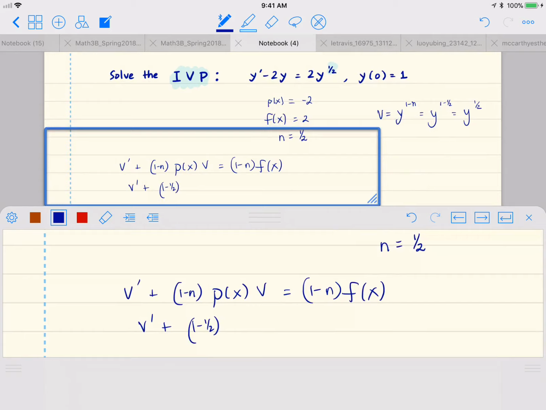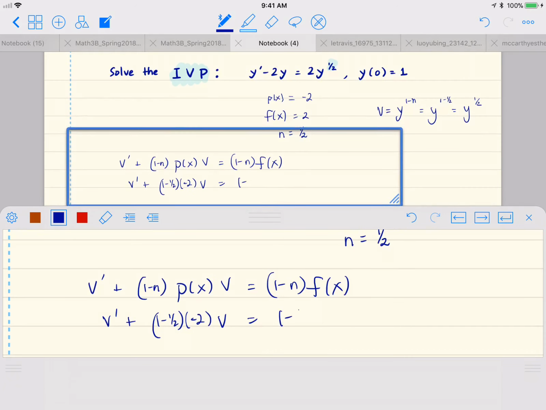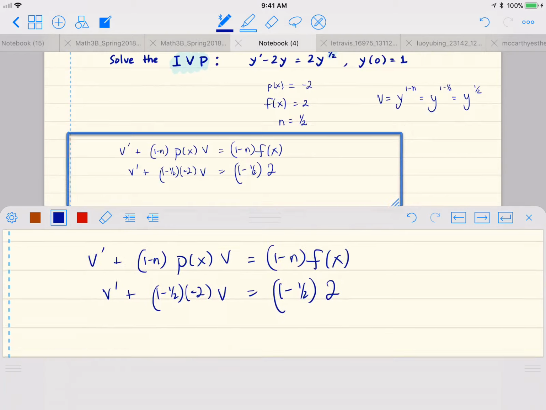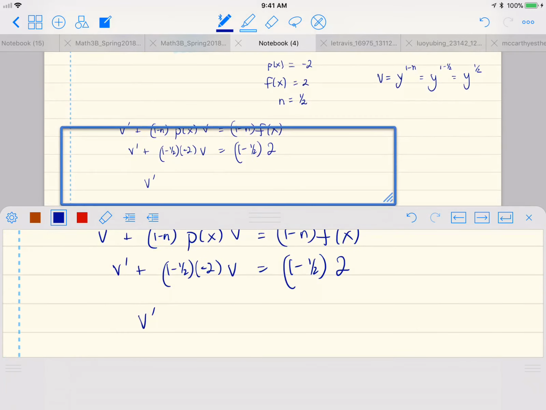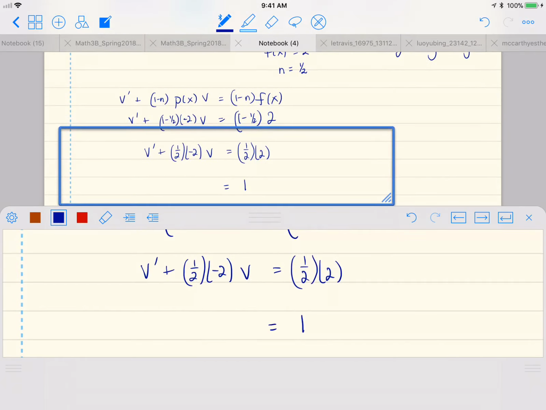P is equal to negative 2. Negative 2v equals, n is 1/2, so it'll be 1 minus 1/2. Then what's the f? The f is 2. So we'll have v prime plus 1/2 times negative 2v equals 1/2 times 2. So I have v prime minus v equals 1.